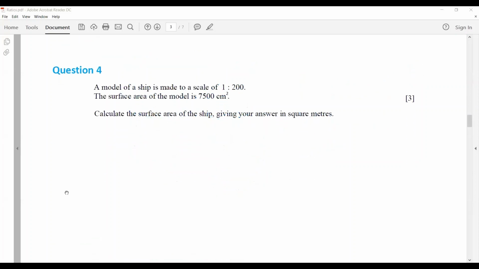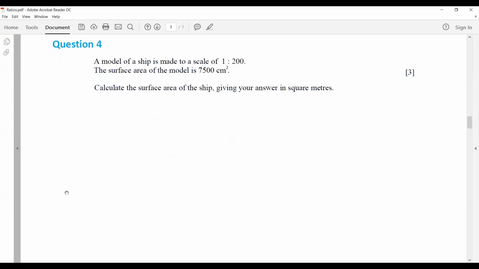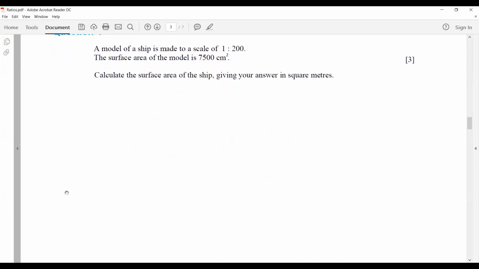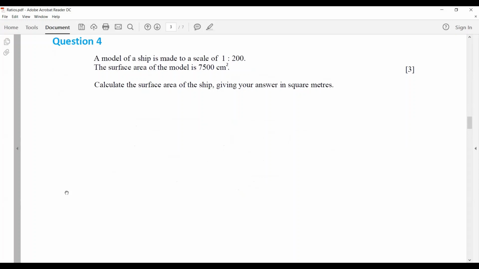So this is a model of a ship. Maybe you can try to answer this question yourself. This is surface area, so we have to be careful with the index 2, right? Calculate the surface area of the ship. The model is given, and now we want to find out for the real ship, in square meters.